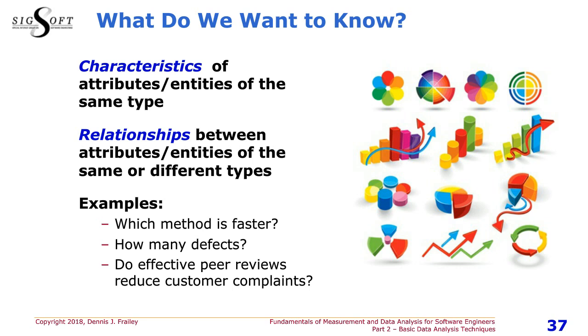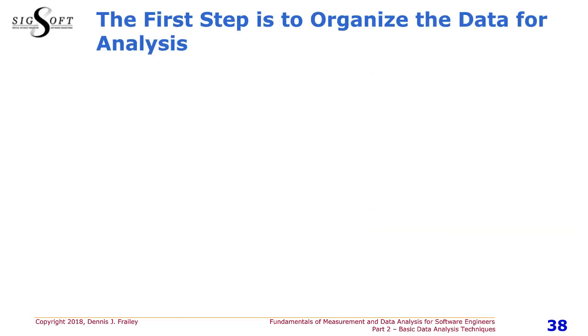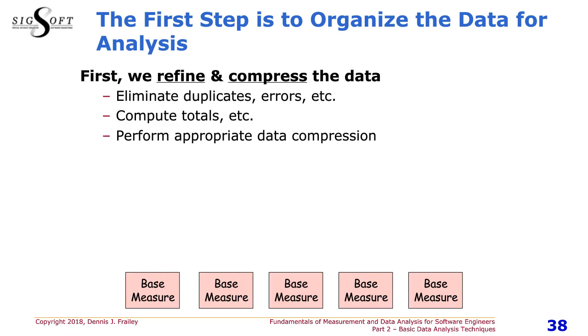And the first step is to organize the data for analysis. So I mentioned refining the data, eliminating duplicates, computing totals, things like that. Sometimes it involves more sophisticated things, which we won't have time to discuss here, such as data compression, figuring out how to reduce the data, or there's a whole bunch of techniques called data reduction, where you extract the most important information from the data.